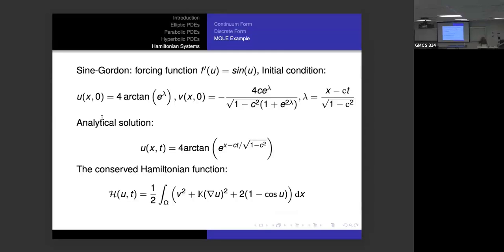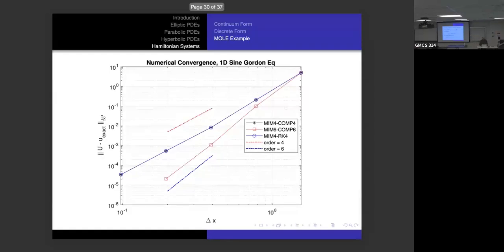Okay. Now this is another equation here, the nonlinear sine-Gordon, and we have an analytical solution, and here is the Hamiltonian function that we want to conserve, and here is the numerical convergence, and we got the same one.